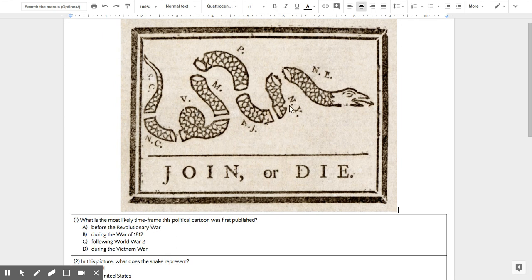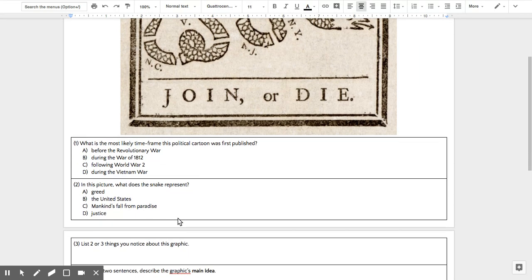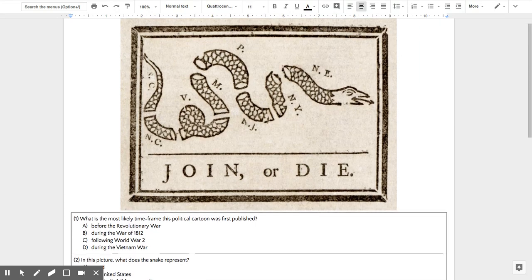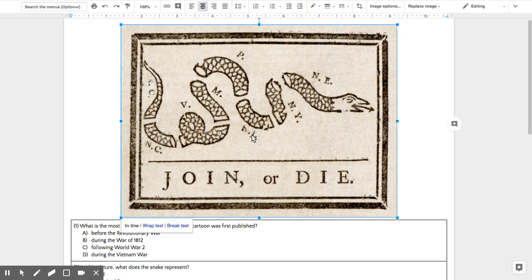Now, the key to figuring this out, and the key to figuring out the next question in this picture, what does the snake represent, is understanding what these letters mean. You have P and M and V, and that's here. There's an N, it's NJ, and then NY and NE. NC and SC.